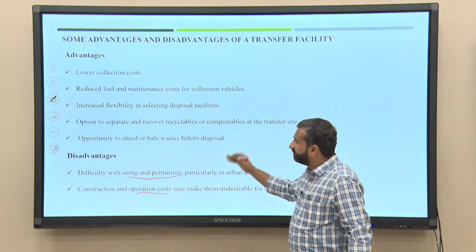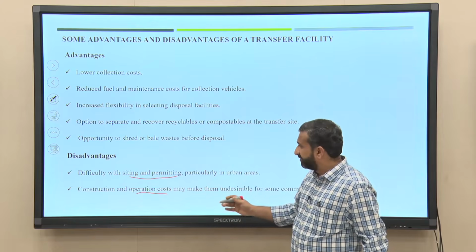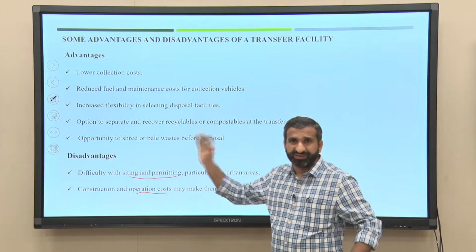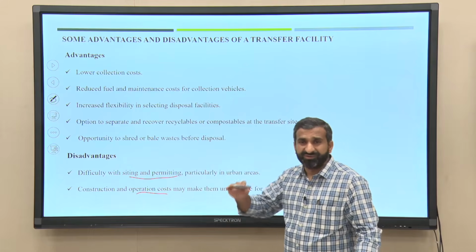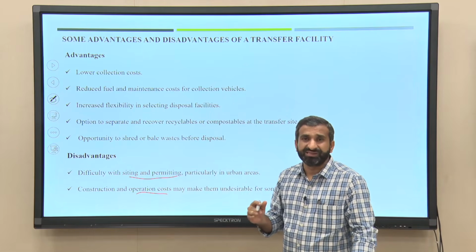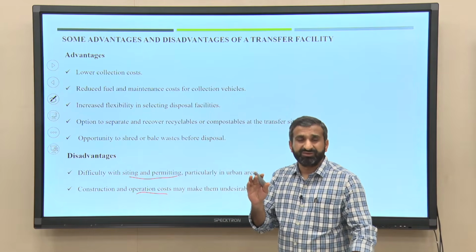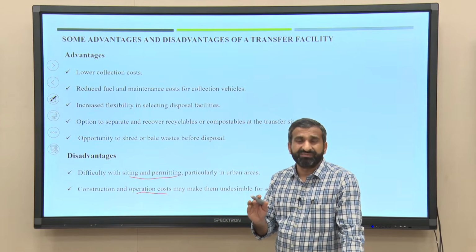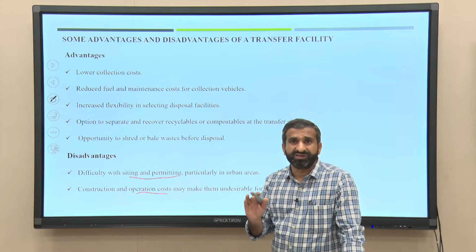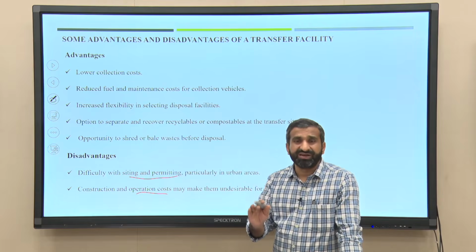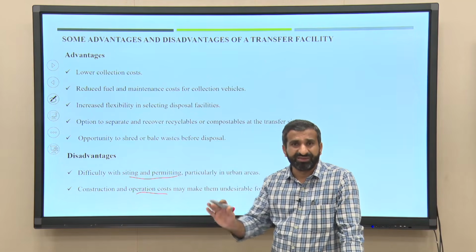But apart from these advantages and disadvantages, I also talked about a few points which attract us to the transfer station, especially that it can reduce illegal dumping. That is one very important issue, especially for a country like India, where in most cities you find illegal dumping.